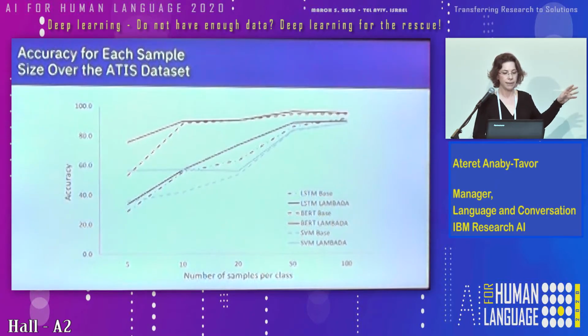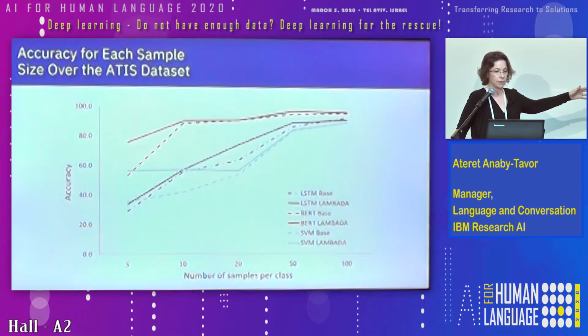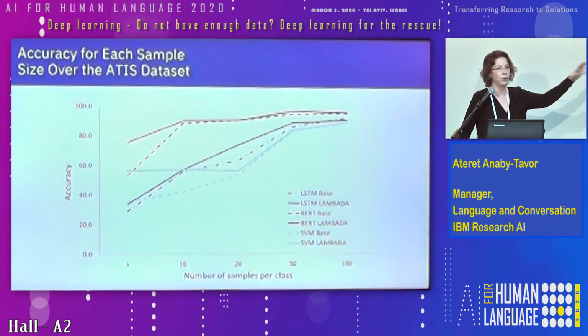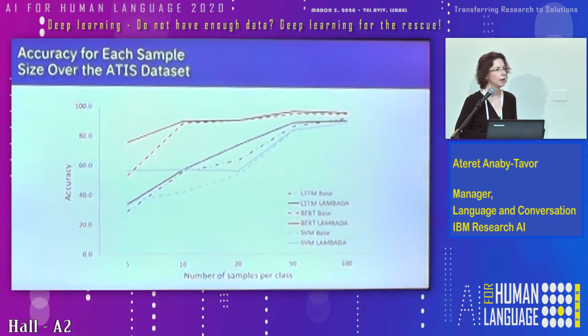The seed can start from 5 samples per class, 10 samples per class, 20, 50, to 100. And we generated and purified, and then we augmented each class with 100 samples per class. And we tested the performance of the classifiers.